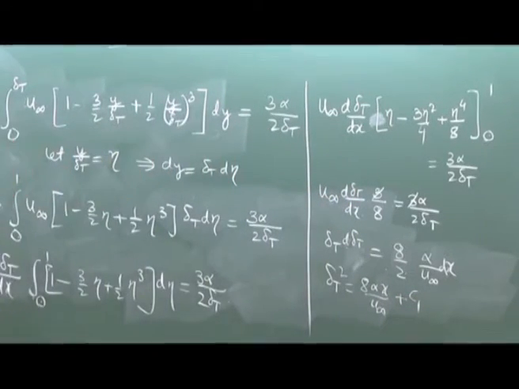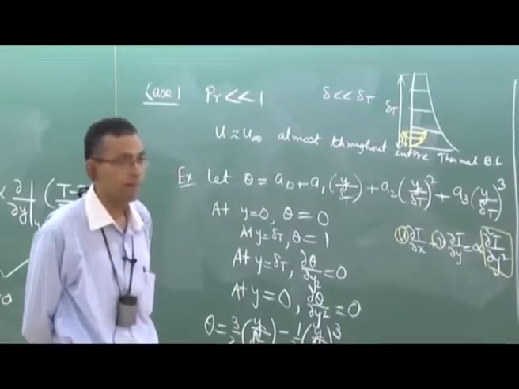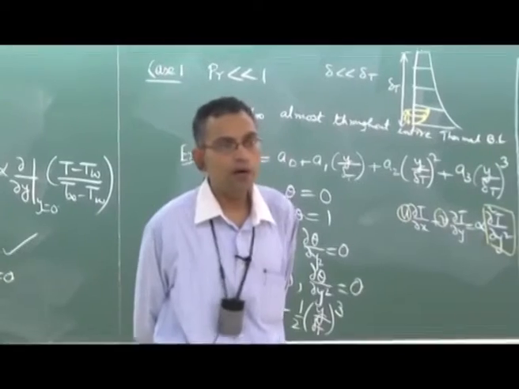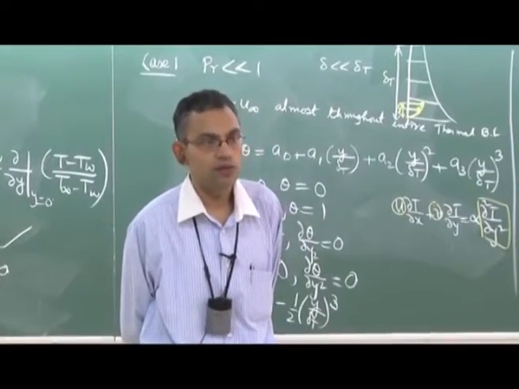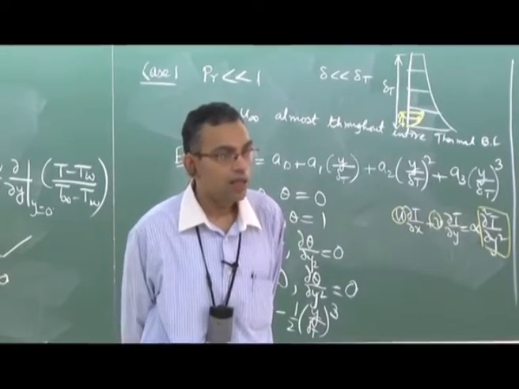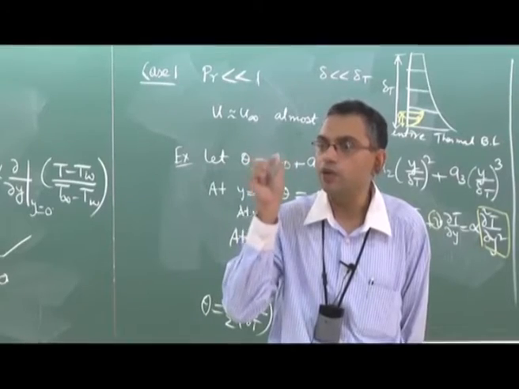So question is, what is the boundary condition to get this value of C1? What is the boundary condition at x equal to 0? See, this is a subtle distinction between the thermal and the hydrodynamic boundary layer.